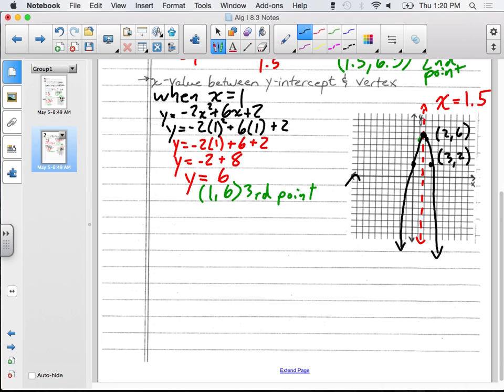They both have the same y value, right? This one was 0, 2. We reflected it and found 3, 2. Same with 1, 6. We reflected it to 2, 6. So when you're using symmetry, what should always be the same? The y value.